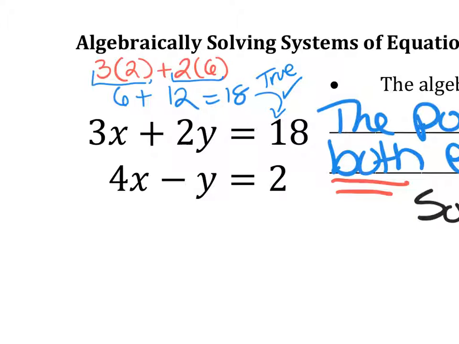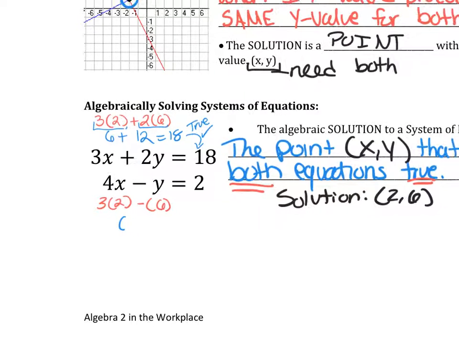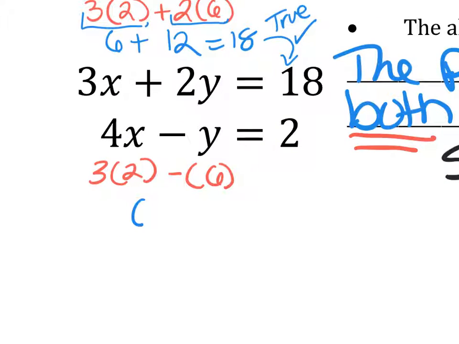That means it works for one, but in order for it to be a solution to this system, it has to work for both of them. So we have to check the other one as well. If we plug in, again, 2 for x and 6 for y, okay, that's 4x, that's why I'm confused.